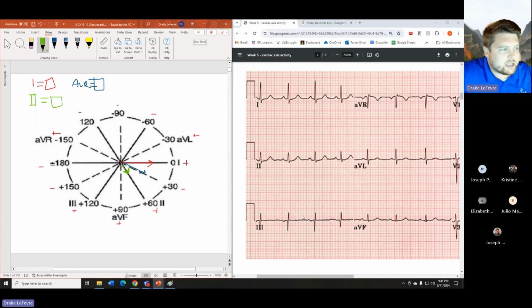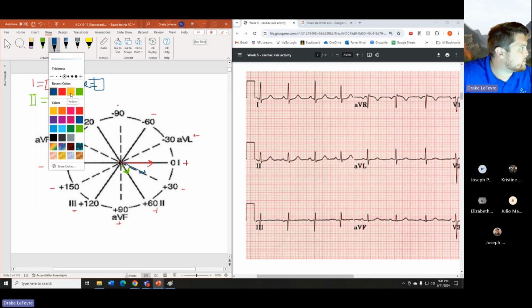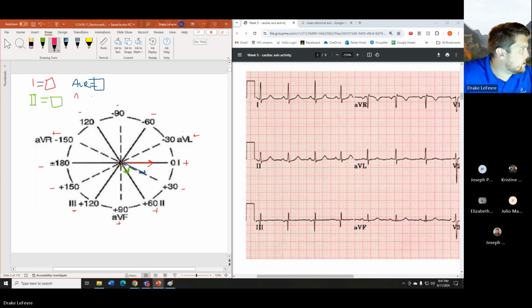AVF, and there's a reason why I'm skipping leads 3 and AVL. We'll come back to those in a sec. AVF overall, positive, but very, very small, even smaller than lead 2. AVF is here, down.